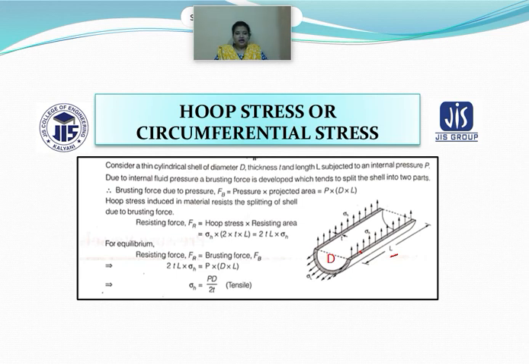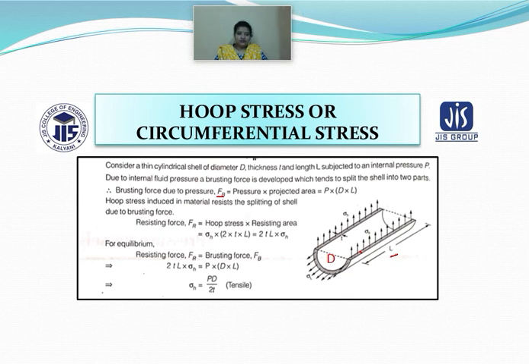So if I ask you, what is the equation for bursting force due to pressure? Now bursting force is denoted by FB, and to calculate the bursting force we need to know the value of pressure and its projected area.